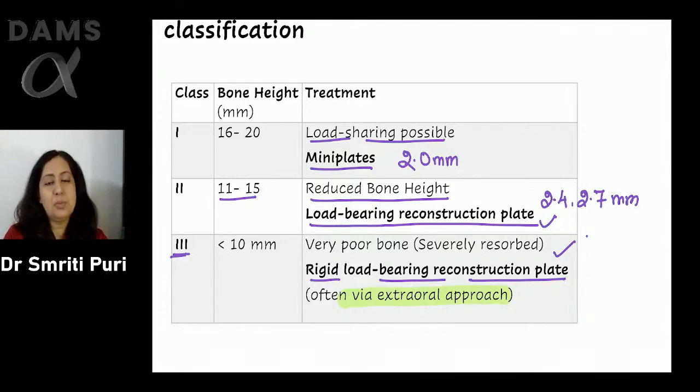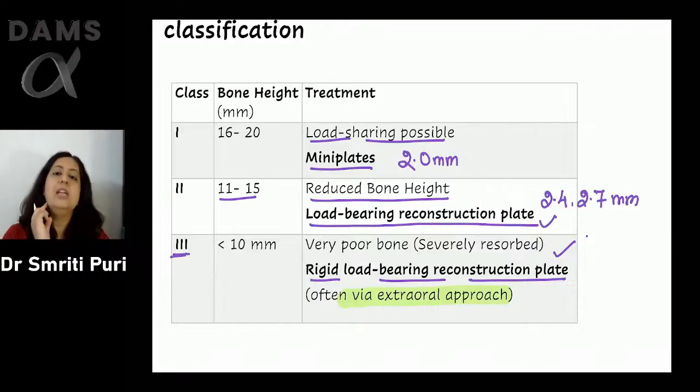Okay, now there is a difference of opinion. Few authors say if we go intraorally, we can put a reconstruction plate, a long span plate, but it leads to too much retraction of the soft tissue, causing a decrease in vascularity and causing more traction injuries or retraction injuries to the patient.